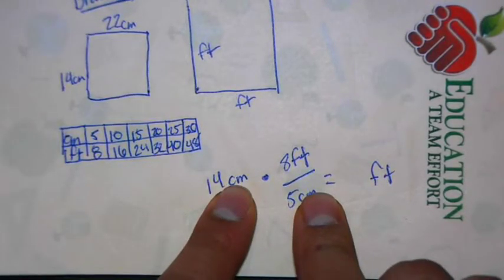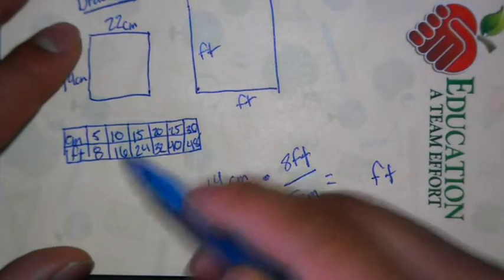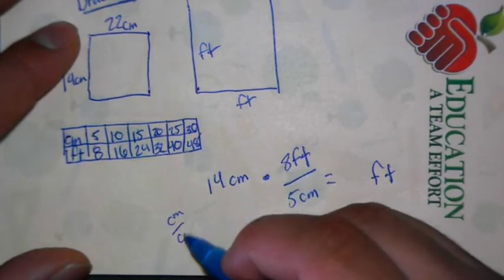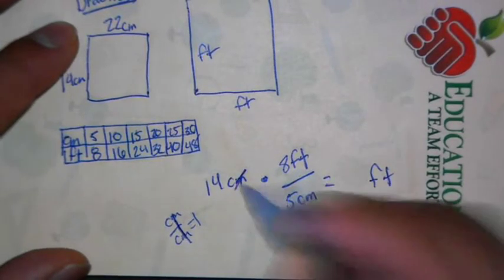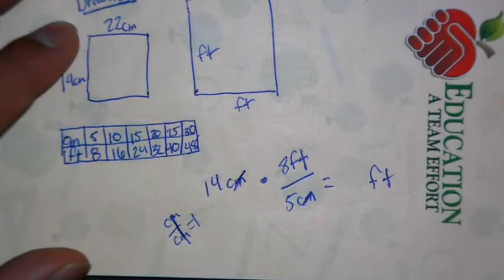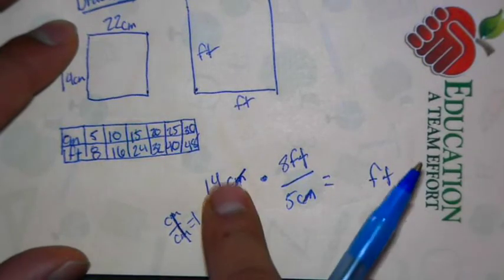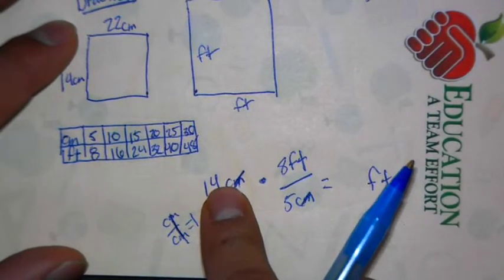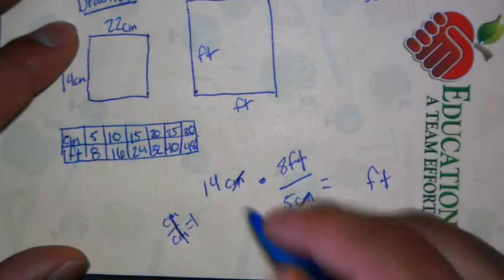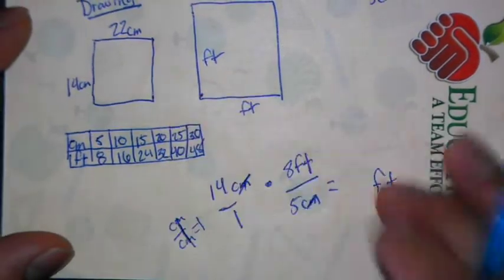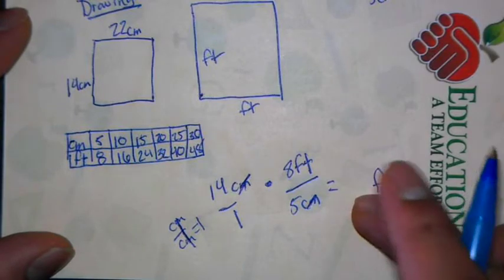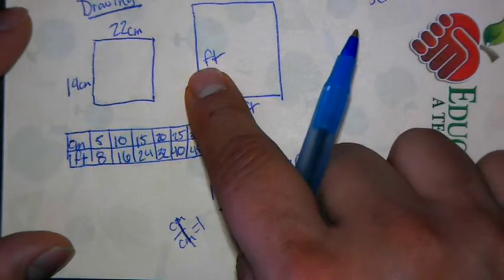Notice how centimeters over centimeters is going to equal 1, or cancel each other out. And if I'm going to multiply a whole number times a fraction, I need to put this over 1. So again, this is going to help you set up your answer for here.